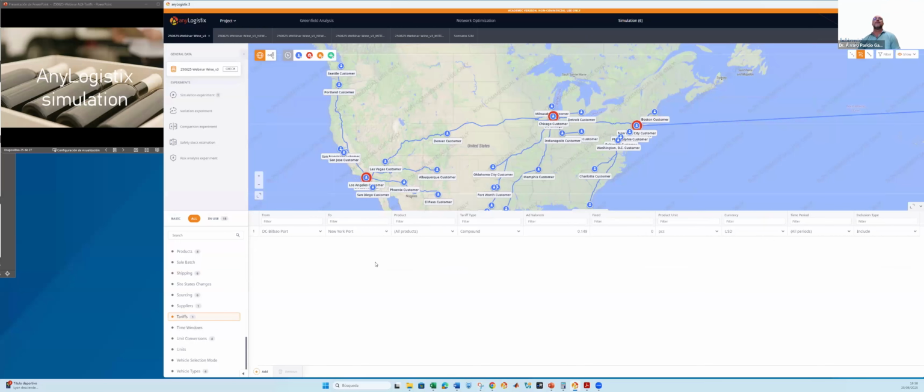The tariffs are here. In anyLogistix, it is really easy to configure the tariffs that will apply. The tariffs apply to the destination port. So you set the tariff in the connection between Bilbao in Spain and New York port, and it applies to all the products, in this case, because all the products are connected to the wine.